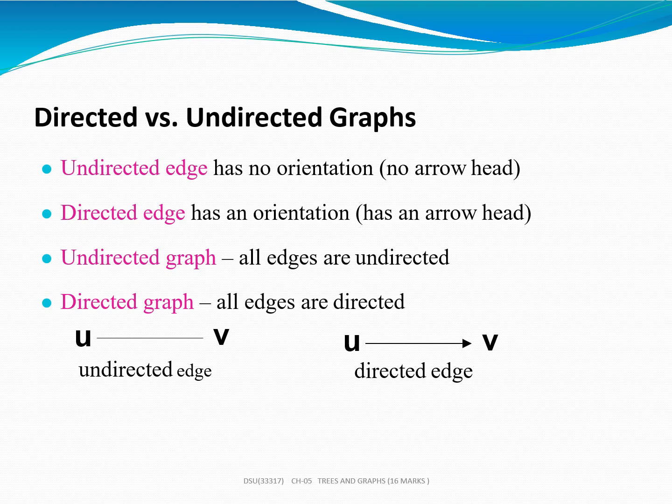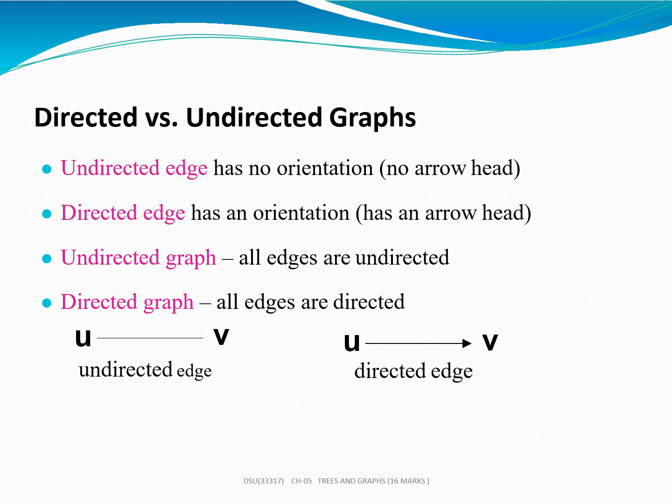Now, directed versus undirected graph. An undirected edge has no orientation, means no arrowhead, and a directed edge has an orientation with an arrowhead. An undirected graph means all edges are undirected, means it consists of edges which have no arrowhead, and a directed graph means all edges are directed.